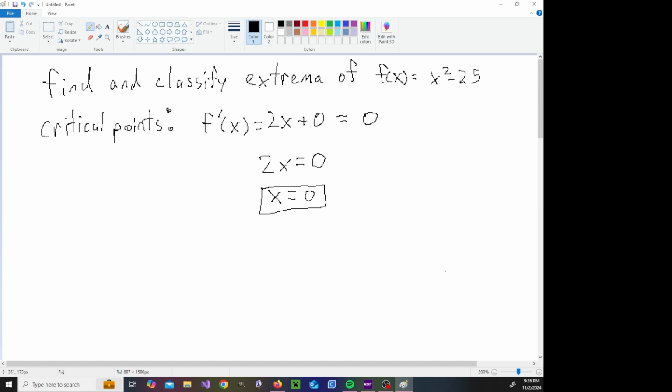So the next thing that we want to do is classify this critical value, which just means say, my critical point is this. Now, is it a local or global max or min? Tell me, is this critical point actually going to be an extreme value? And if so, tell me what kind of extreme value it is.